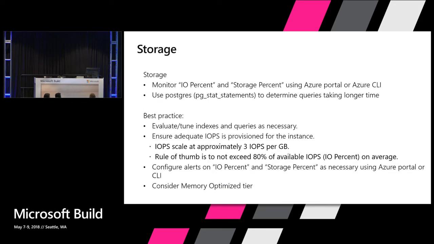The second one is storage. And on the storage side, we see that not many actually pay much attention to the IOPS. So first, know that the storage scales at 3 IOPS per gigabyte. And also, most of the cloud storages, including our service, these storage subsystems which are built out of SSD, are optimized for throughput.